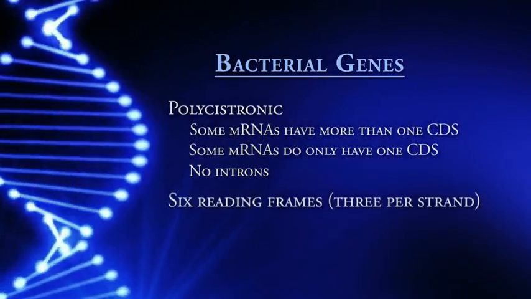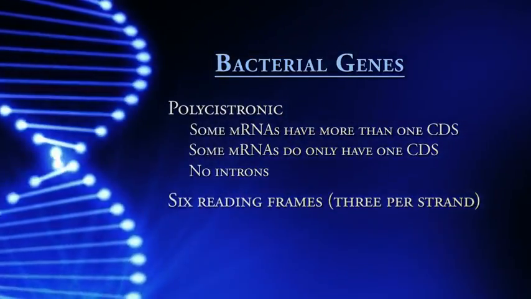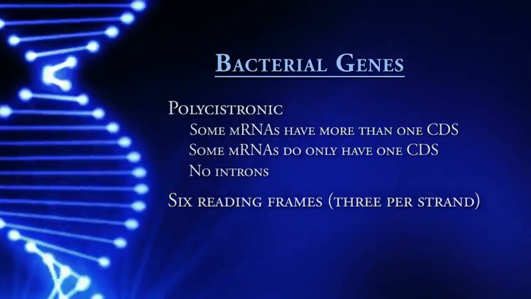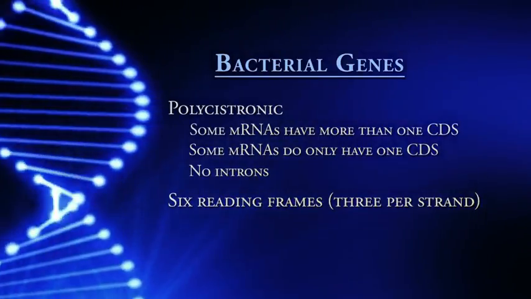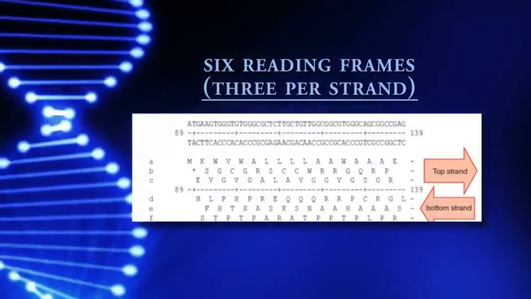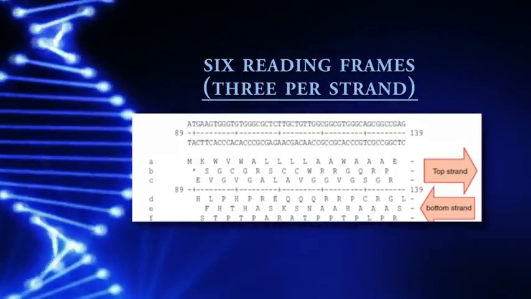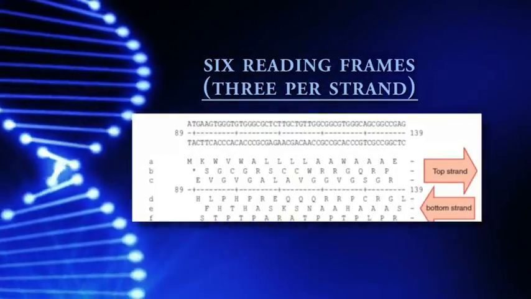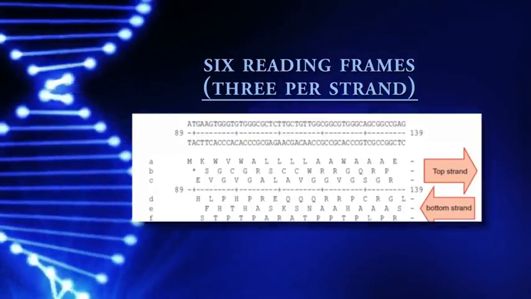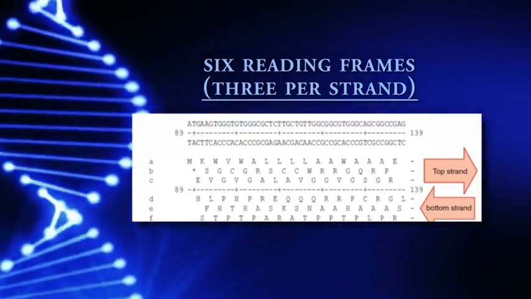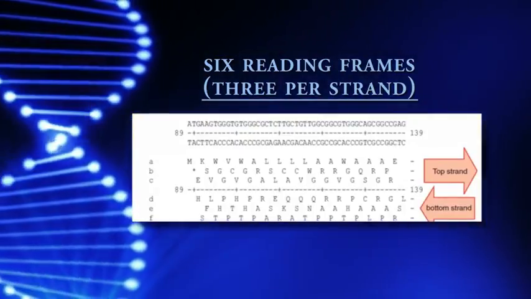There are 6 reading frames that protein coding genes can be on. So if this is a particular sequence of double-stranded DNA, recall that only one strand will be in the database. Look at A, B, and C. A, B, and C represent the potential amino acid patterns. Remember that a triplet in DNA is sufficient to code for one amino acid.